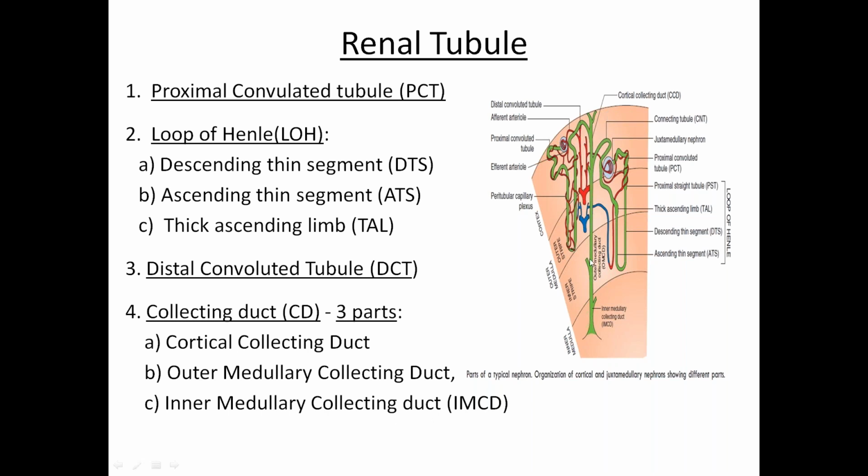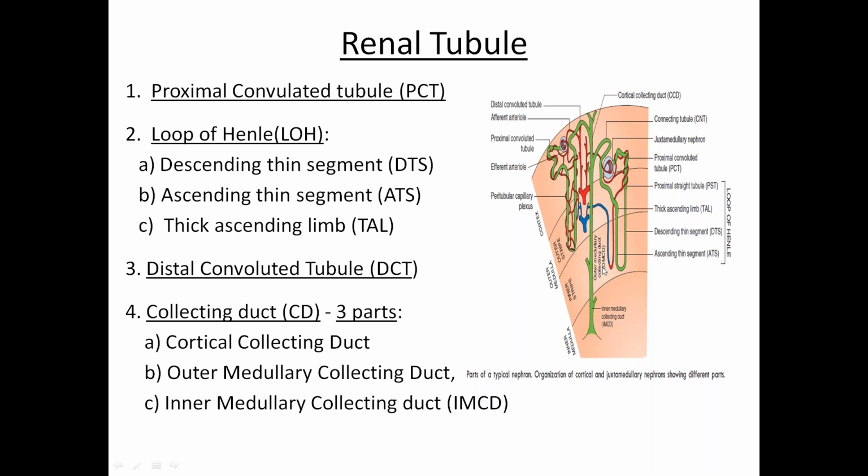Your collecting duct has three parts mainly: the cortical collecting duct, which we just talked about, the CCD. Then there is the outer medullary collecting duct, and then there is the inner medullary collecting duct.